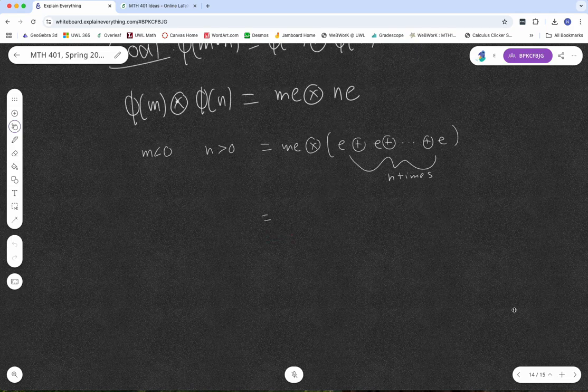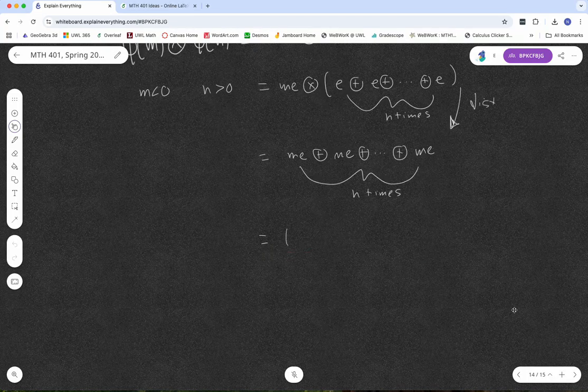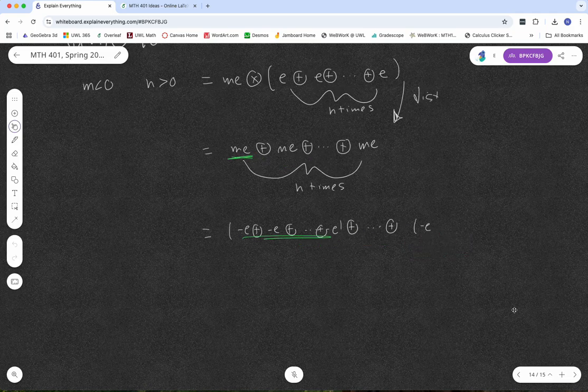Then that's going to be m e plus m e plus m e, still n times. So then we'll get negative e plus negative e plus negative e. That's that one, plus dot dot dot plus negative e plus negative e plus negative e.